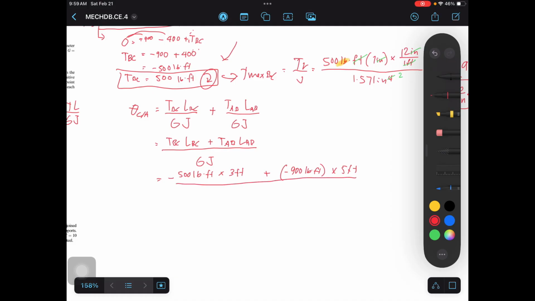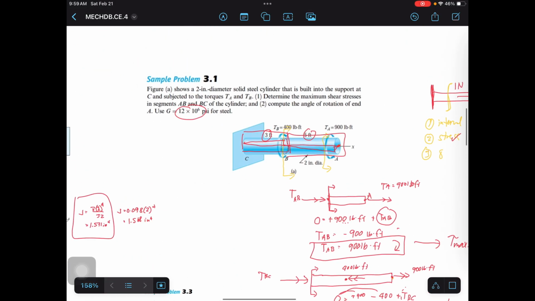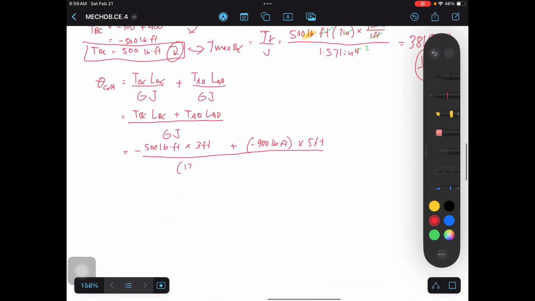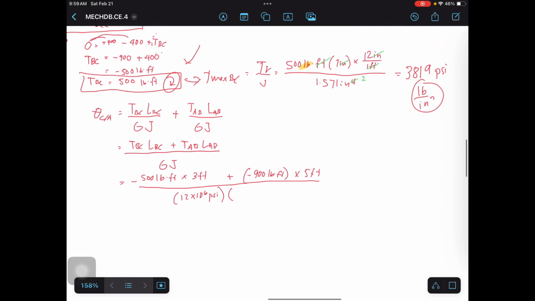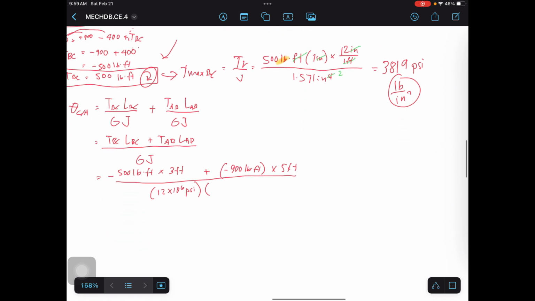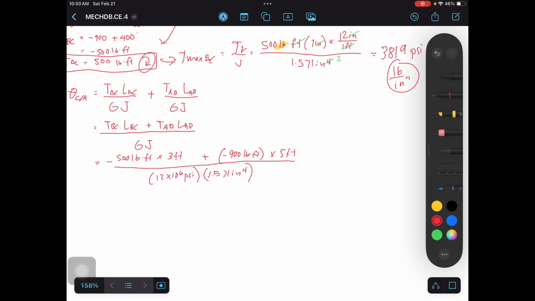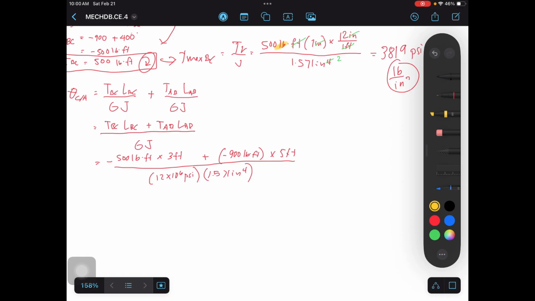All over G. What is our given G? It is 12 times 10 raised to 6 PSI times what is our J, 1.571 inch raised to 4. So let's check the units. Meron tayong inch, naka-feet.